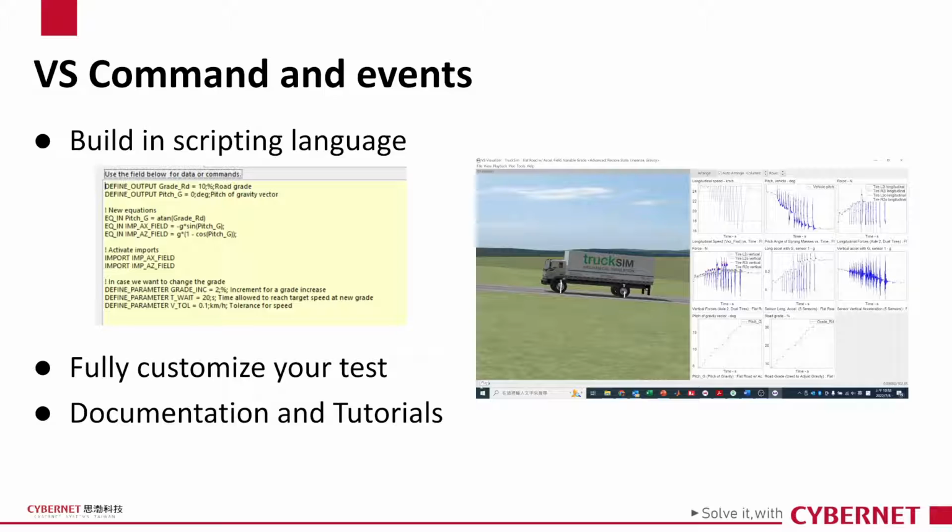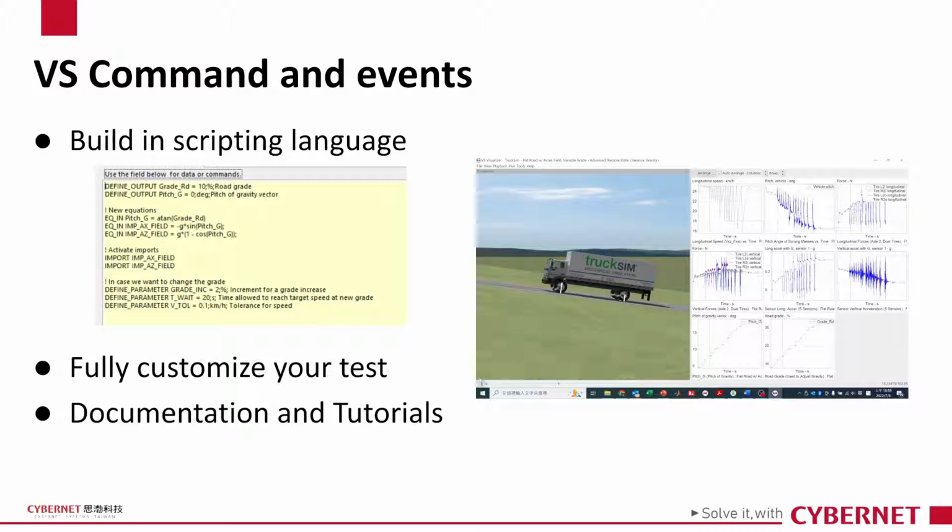VS Command is the script language available in CarSim, TruckSim, and BikeSim. We could use VS Command to add some features that don't already exist in CarSim. For example, in this video, the truck goes up a road whose grade is adjusted dynamically at different intervals.